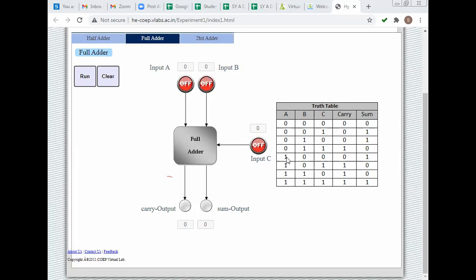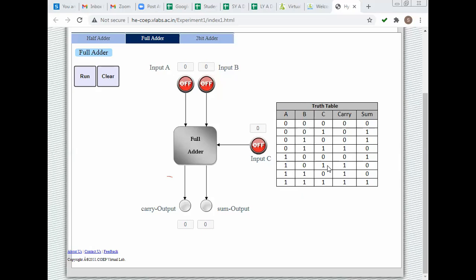Okay, you can check next. Here again A is 1, remaining are 0. What happened in that case? Only one input is high. Then in that case sum is 1, carry is 0. Here A and C are on. On means high. So A and C high means 1 plus 1.